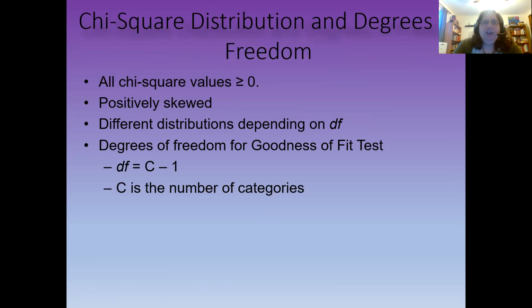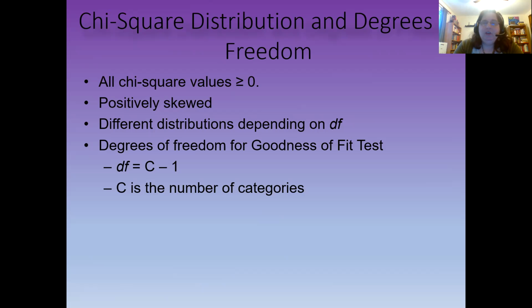So all chi-square values are greater than or equal to 0. That's nice. This is always positive. It's positively skewed. And there are different distributions depending on the DF. We've dealt with that before. Now, the degrees of freedom for the goodness of fit test is always the number of categories minus 1. 4 categories, 3 degrees of freedom.